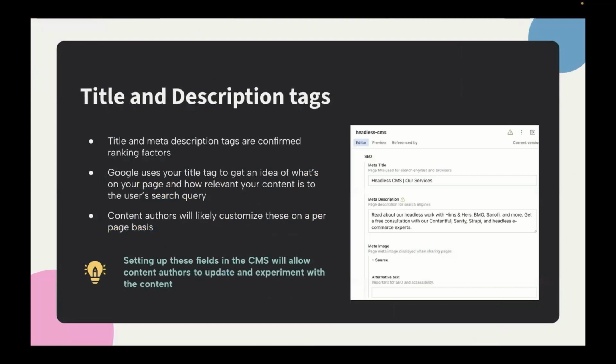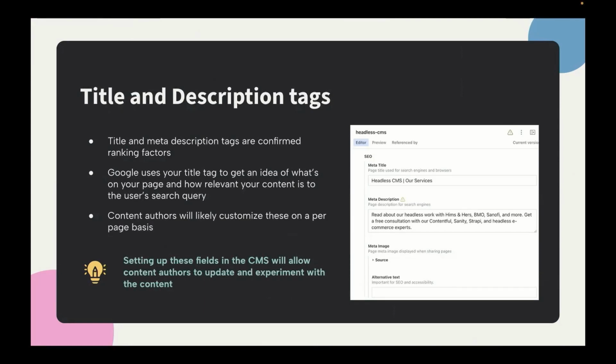So the first one, everybody's probably heard of this one, is the title and description tags. The title and the meta description tags are definitely confirmed ranking factors. And what I find is that typically when we build out these headless CMS platforms, it's really important to include these fields in the CMS, just so that your content authors have an easy way to customize their meta tags and description.